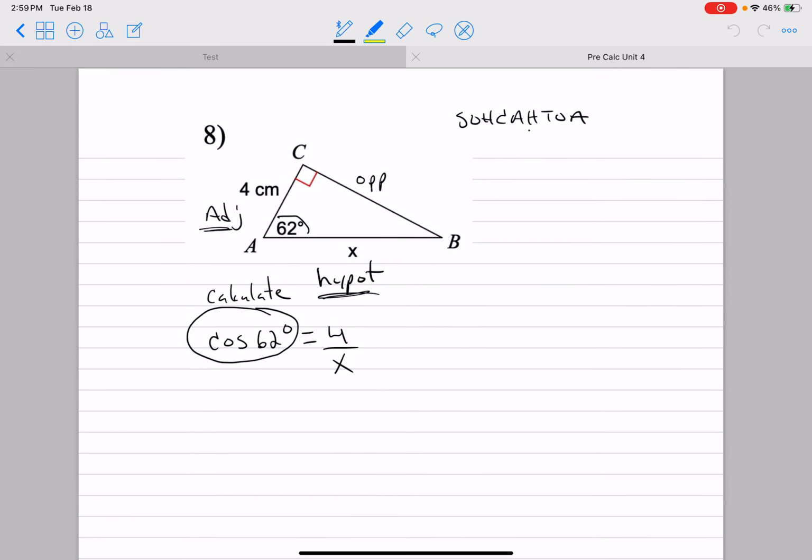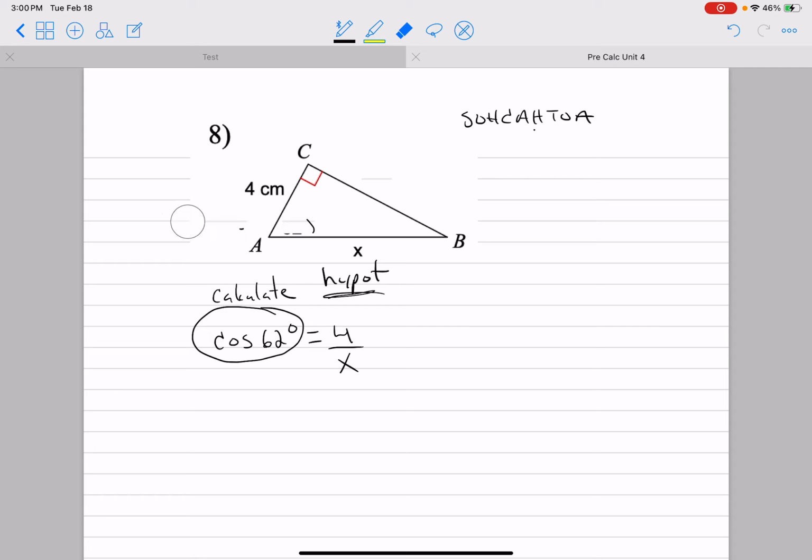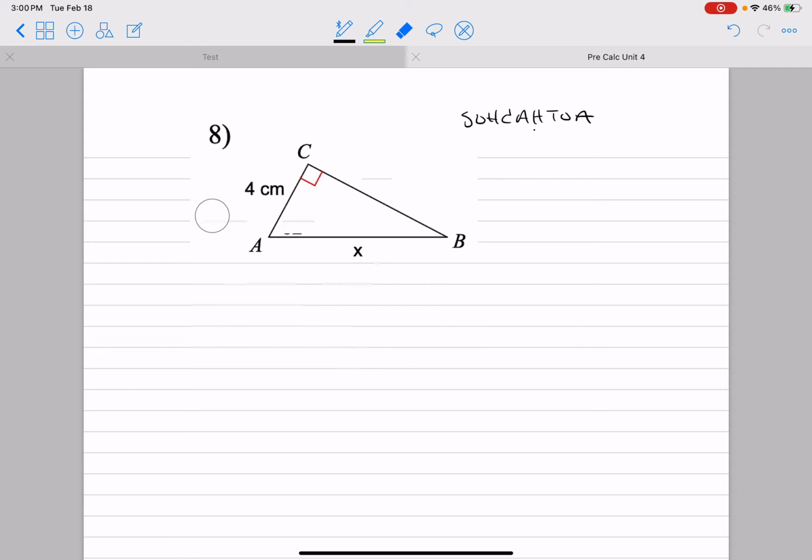Okay, so, I cheated. Y'all saw the answer. Draw this. Okay? So now you've drawn it, and they're asking me to find the length of side x. I have a reference angle of 62. x is the hypotenuse, and I have an adjacent.